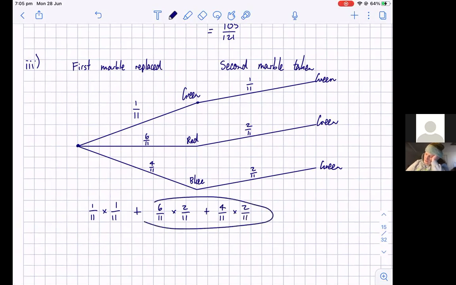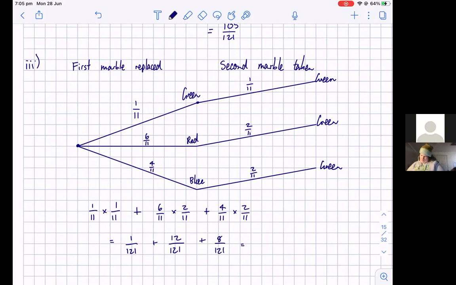I probably could have considered these two together, but I didn't. So all up, that gives me 1 on 121 plus 12 on 121 plus 8 on 121 gives me 21 on 121.